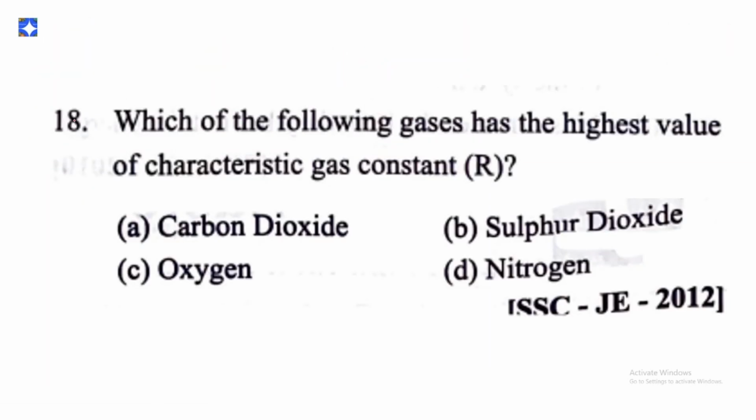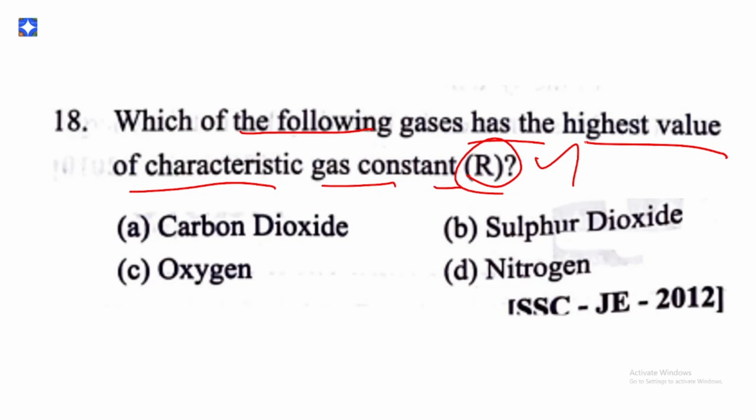So we'll move on to the next question. Which of the following gases has the highest value of characteristic gas constant R? We know the perfect gas law, PV equals mRT, and the question is which gas has the highest value of R. Option A, carbon dioxide; option B, sulfur dioxide; option C, oxygen; and option D, nitrogen.